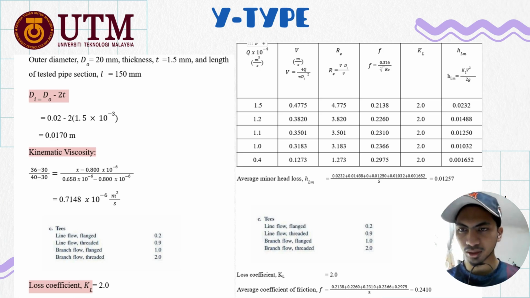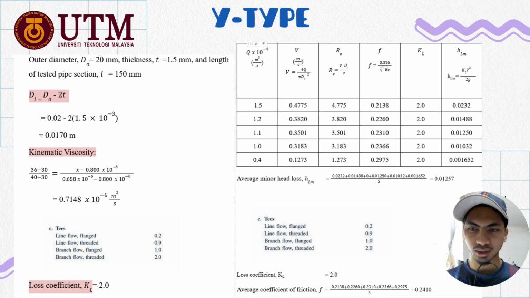So here we can get the diameter, which is 0.0170 meter. After that we use the same formula to find the kinematic velocity at 36 degrees Celsius, and the same formula to find RE, friction, and HLM.